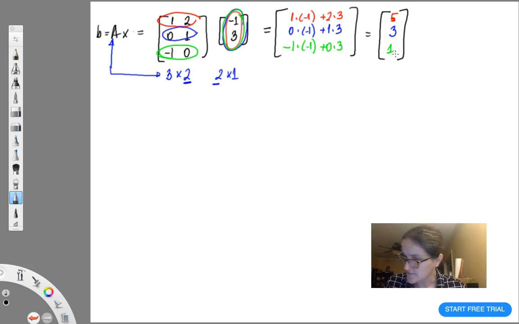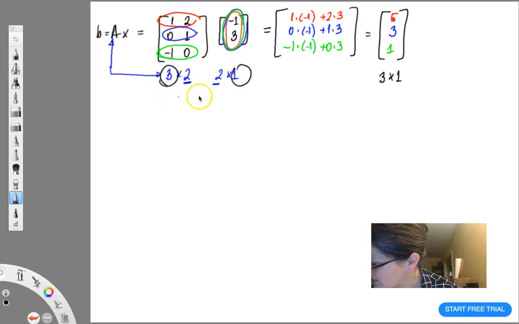And this result b is, as I can see, 3 by 1. Basically if I have a matching inner dimension of 2, then 3 by 1 is my result. So this is matrix times vector multiplication.